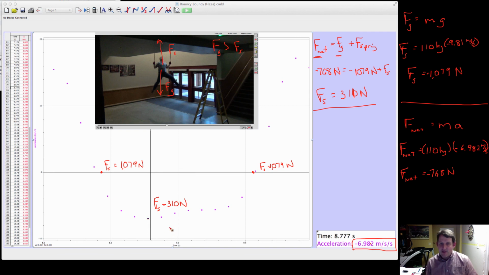Because if I were to jump to the point where the spring was fully compressed and wasn't pulling me up anymore, gravity would be the only force left, and it would cause an acceleration of 9.81. So even if I had jumped as high as I could possibly jump, the most I could get here for negative acceleration is 9.81, that which is due to gravity.